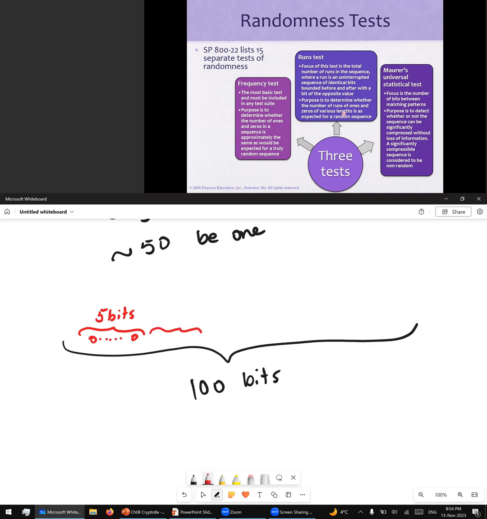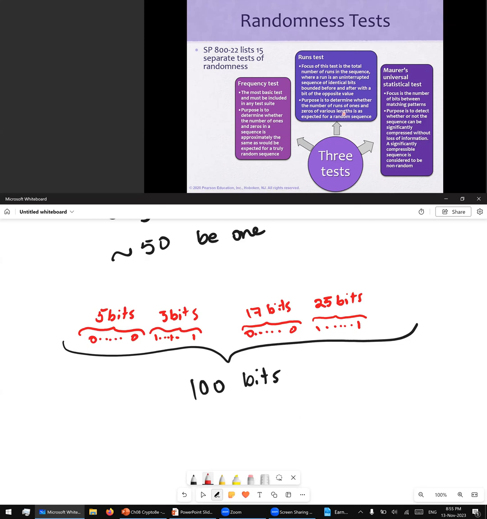This is all ones, and this is 5 bits. We don't want all of these to be 5 bits, 5 bits, 5 bits. In other words, we want the next one over here, let's say, to be 17 bits of zeros, and maybe somewhere in here, 25 bits of zeros or ones.